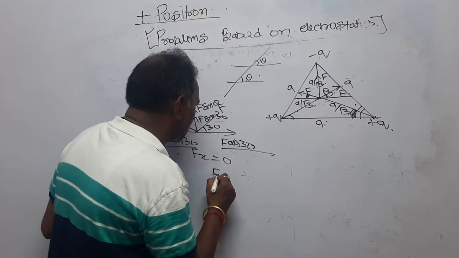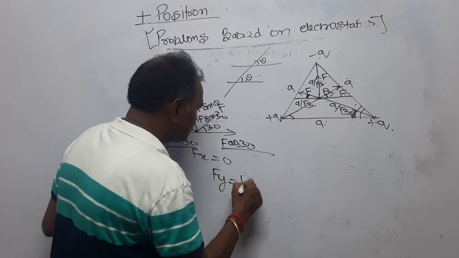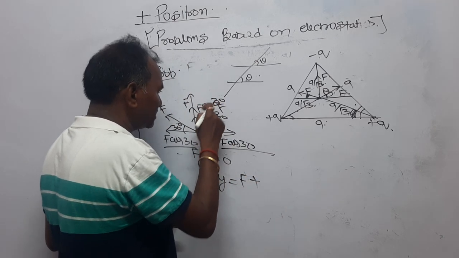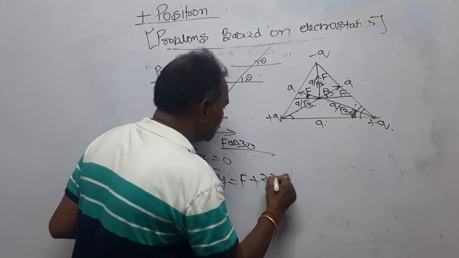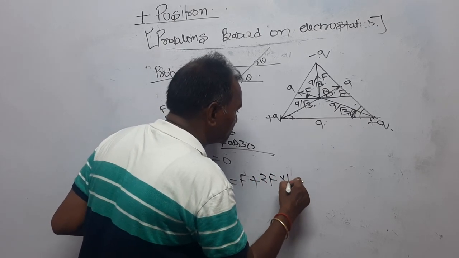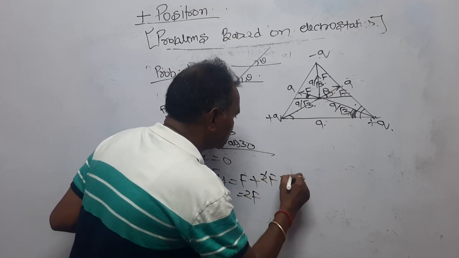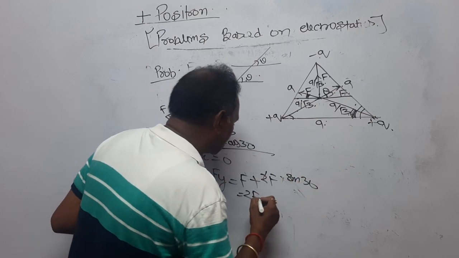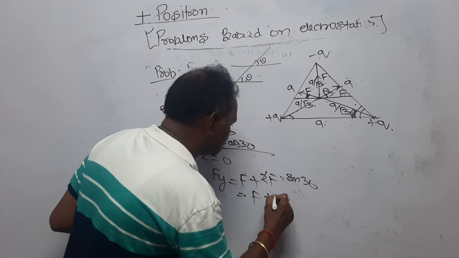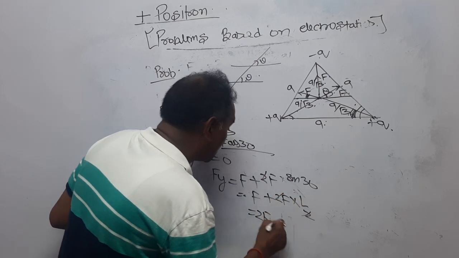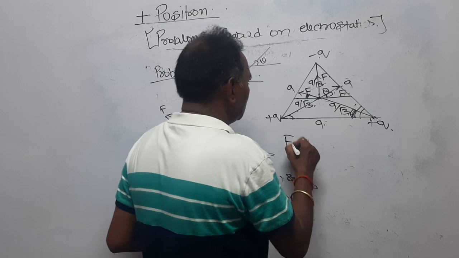So Fy is equal to F plus F sin 30 plus F sin 30, that is F plus 2F sin 30, and sin 30 is 1 by 2. The 2 will cancel, so that is F plus F, which is 2F.